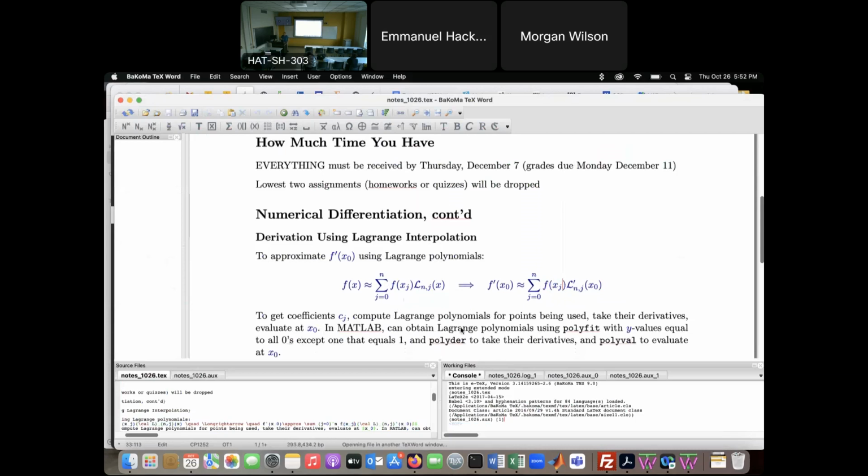And then once you have the Lagrange polynomials that you want, you can use polyder to take the derivative of the Lagrange polynomial, and then you plug in x naught using polyval. So all these MATLAB polynomial functions can be used to get the coefficients: polyfit to make a Lagrange polynomial, polyder to differentiate them, polyval to evaluate at x naught.